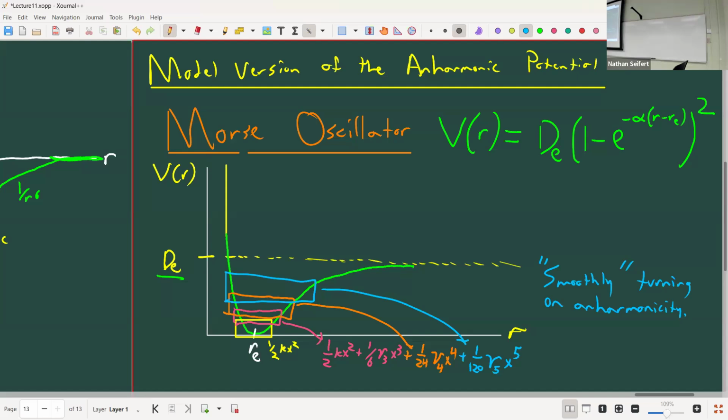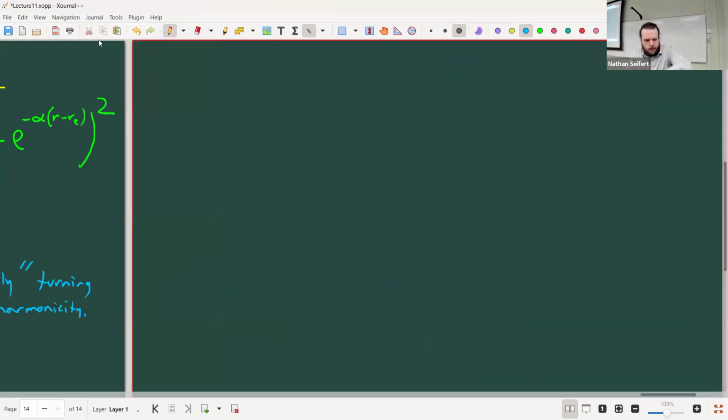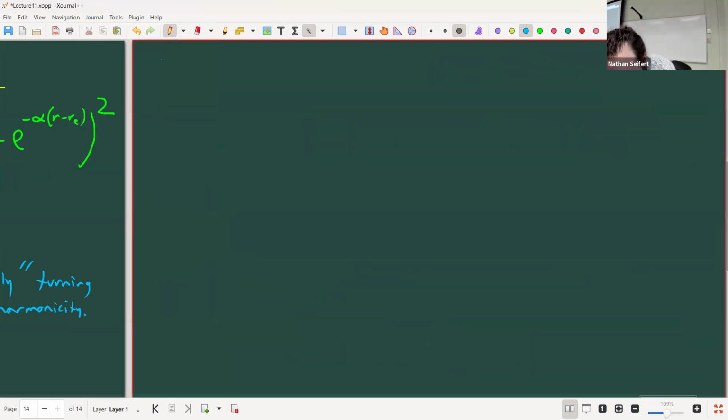What does this do to our vibrations? The result is actually really, really simple. We'll go through it carefully next class. Let me just introduce the idea to you. I also have some pictures for you as well.